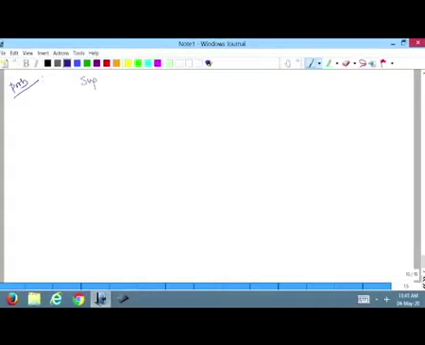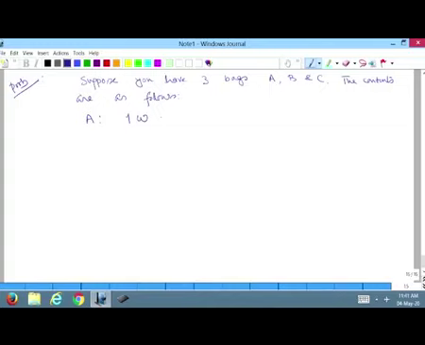Suppose you have 3 bags A, B and C. The contents of the bags: bag A has one white ball, two green balls and three red balls.